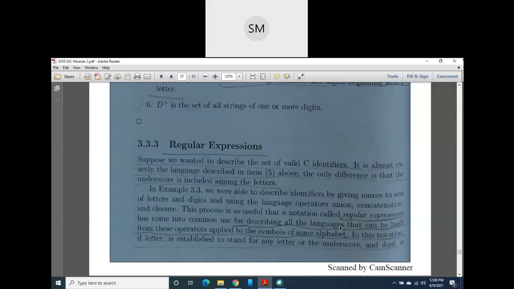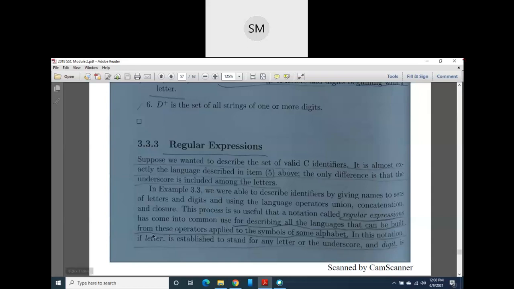Now, one notation is there: letter underscore. It means that after a letter there may be an underscore. After the underscore you can write one more letter, or you can write one digit.